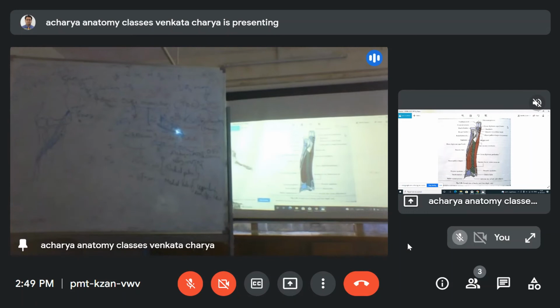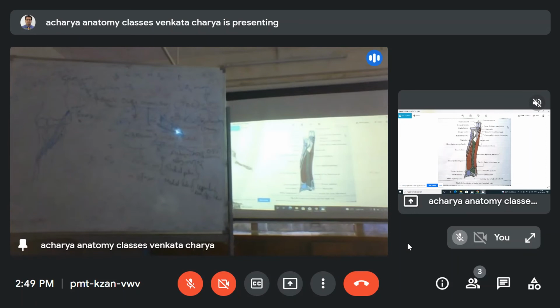Okay. So abductor pollicis longus originates from two bones. It originates from the posterior surface of the ulna and also from the posterior surface of the radius.